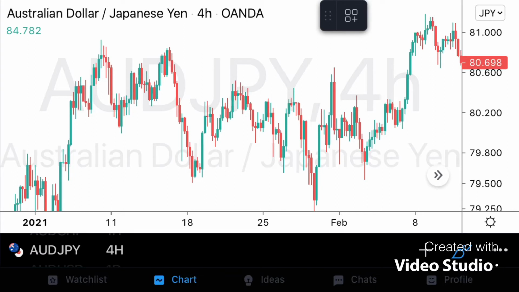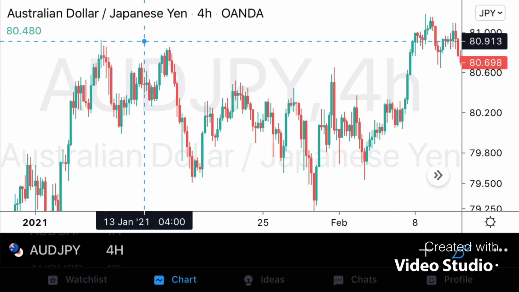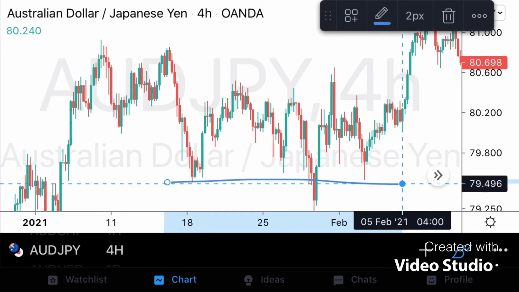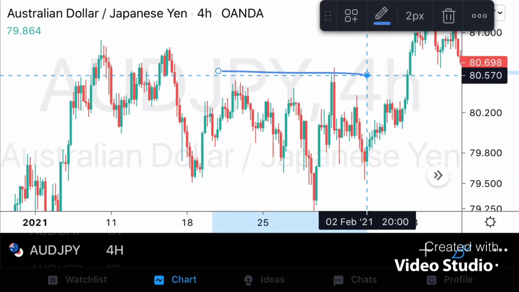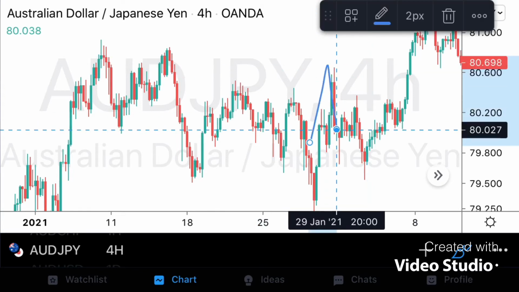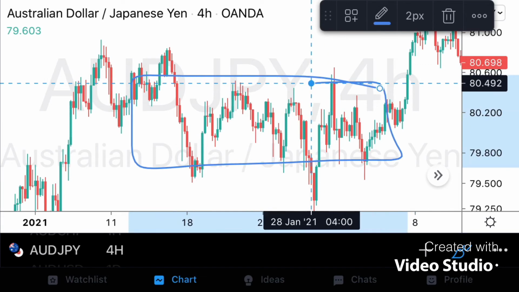For example, if we took a sell in this area here and then looked to trade the structure, we'd be waiting for prices to break and close below the structure here. We'll move stop losses above previous structural highs, and as you can see, we'll probably get stopped out. And this is obviously because this is a ranging market.